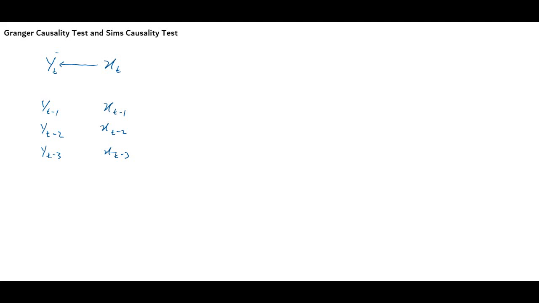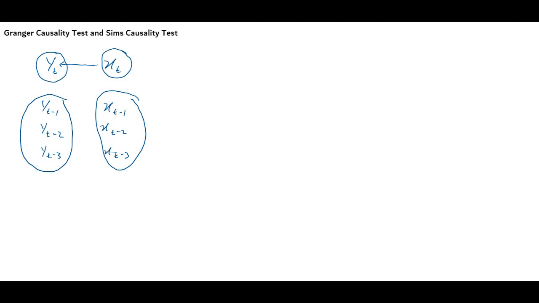Now yt may be affected by changes in xt, also changes in the lag values of xt, and changes in its own lag values. All of these three can affect yt. Similarly, xt can also be affected by all these variables. Let me rewrite it: yt minus 1, yt minus 2, yt minus 3.